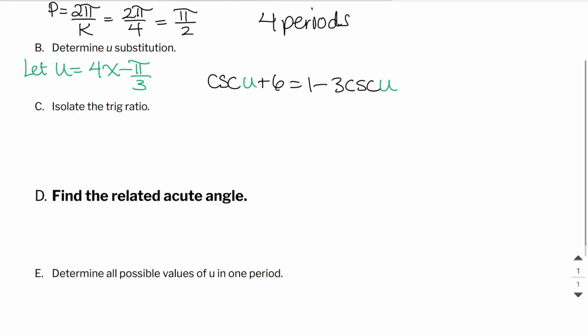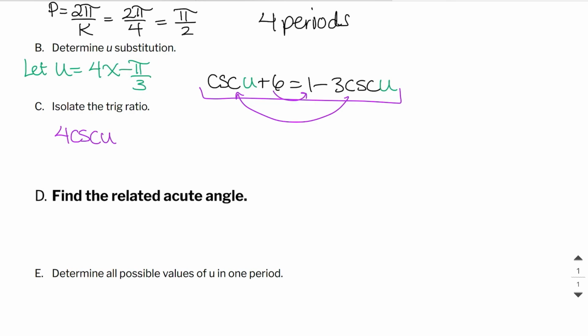In the next step, we're going to isolate the trig ratio. So I'm going to add 3 cosecant u to 1 cosecant u, so I get 4 cosecant u. Then I'm going to subtract 6 from 1, and I get negative 5, which means that cosecant of u is negative 5 over 4.